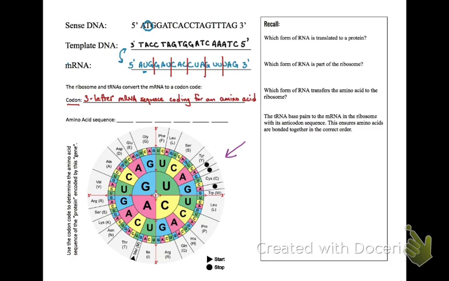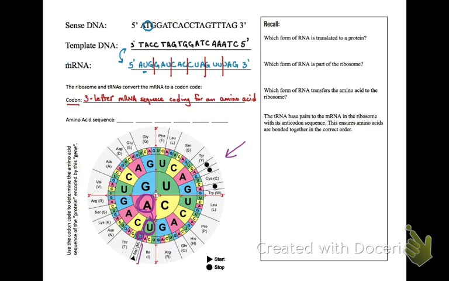Recall that in reading this codon code, we read from the inside to the outside. And so in our case, the first codon in the mRNA is AUG. We would begin at the A in the middle, then proceed to the U following it, and finally finish up at the G down here at the bottom.